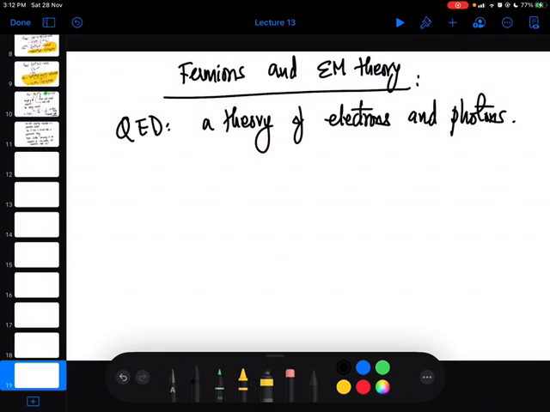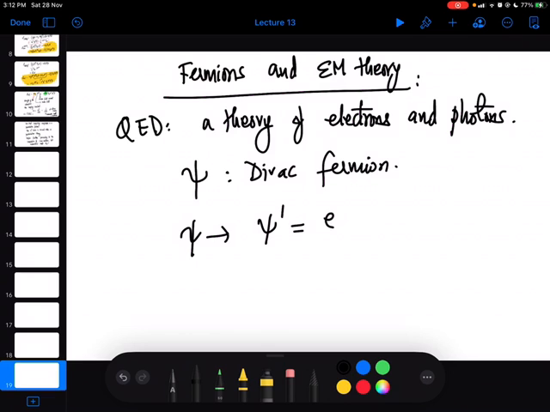So how do you write it down? I write it down by just imposing the U(1) gauge interactions. So psi is a Dirac fermion, and I'm just going to impose local gauge invariance for this Dirac fermion. So psi is replaced by psi prime, which is equal to e to the power i theta of x times q psi of x.